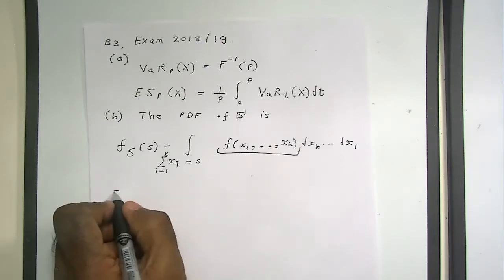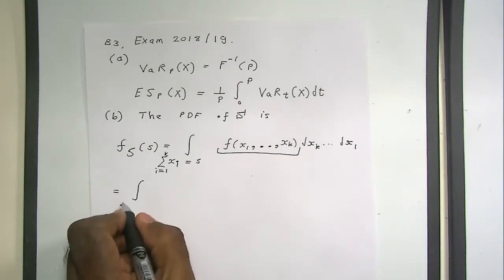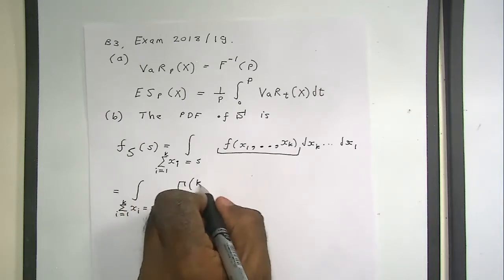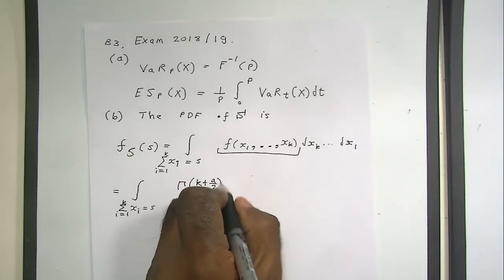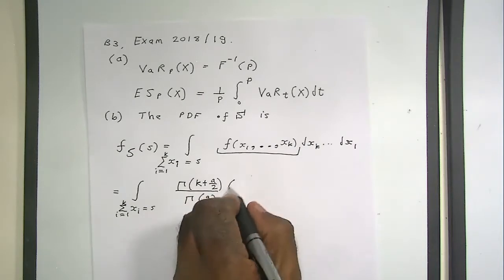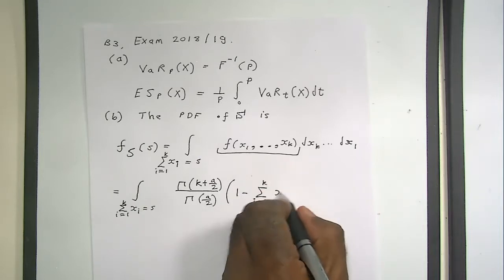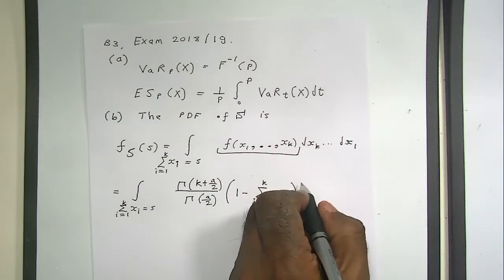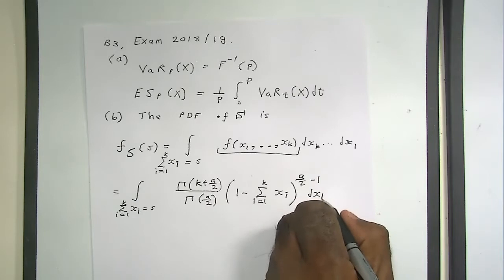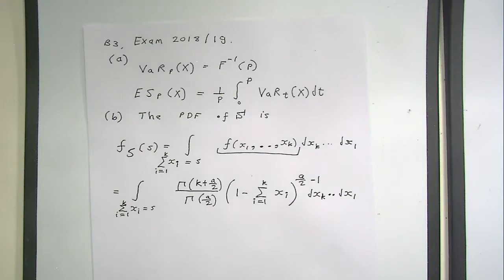So this is the same as the integral over the region of the following gamma density.